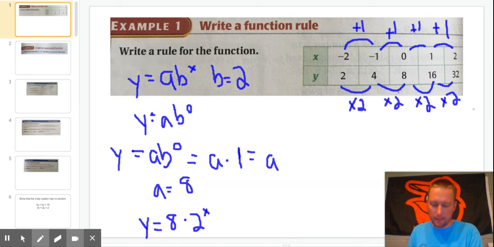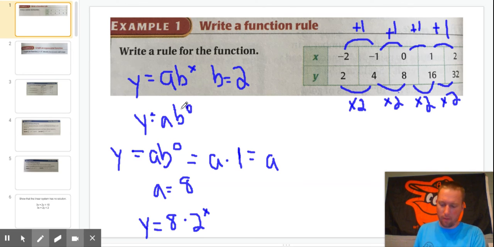The second thing that we're going to do is, since in this case the y values were multiplied by 2 for every increase of 1, the exponential function has the form y equals a b to the power of x, where b equals 2. We found the value of a by finding the value of y when x equals 0.